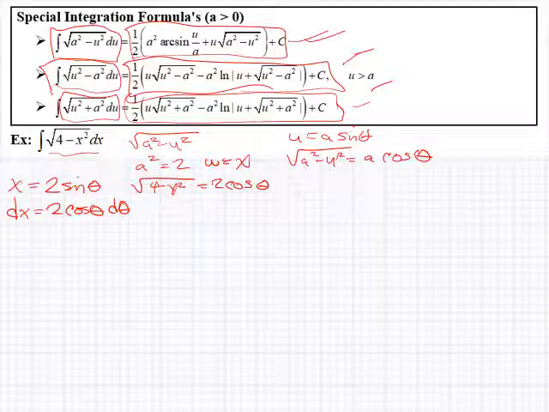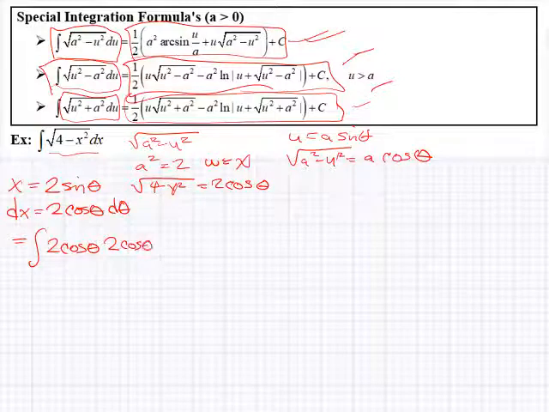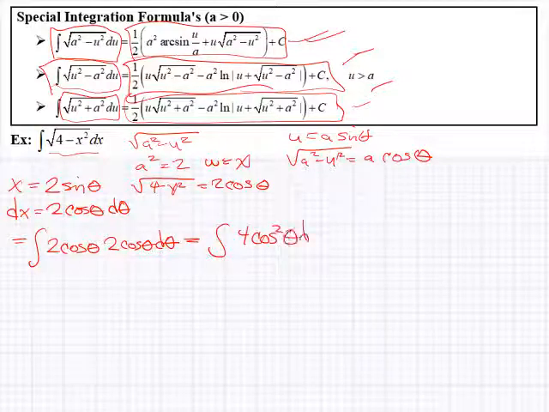So we make our substitution here. We end up with 2 cosine theta times dx, which is another 2 cosine theta d theta. And so we end up with the integral of 4 cosine squared theta d theta. And then we have to go from there.